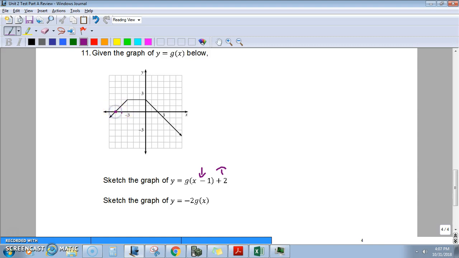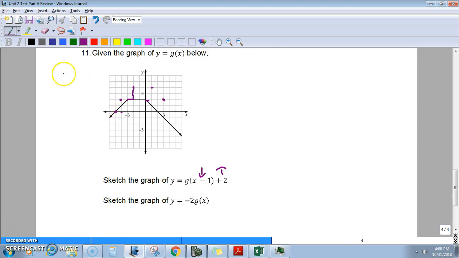So this point is going to move to the right 1 and up 2. This point here, this point, and this point too.